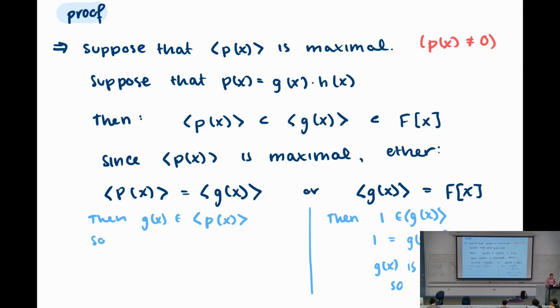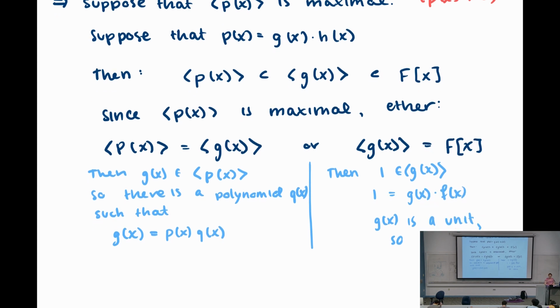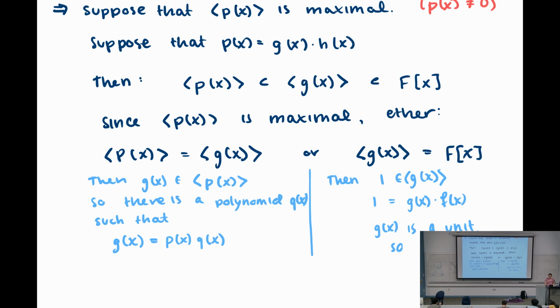So there exists a polynomial, let's see, now I'm really running out of letters, I'll call it Q(x), such that G(x) is equal to P(x) times Q(x). Okay, are we good up to this point?